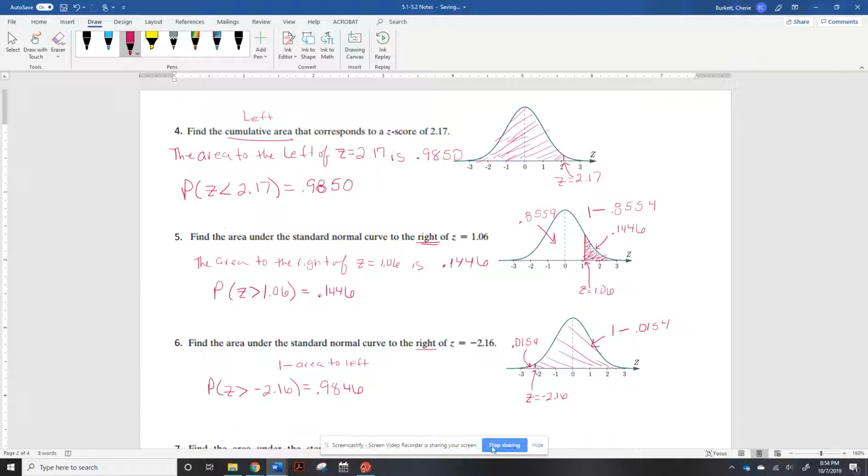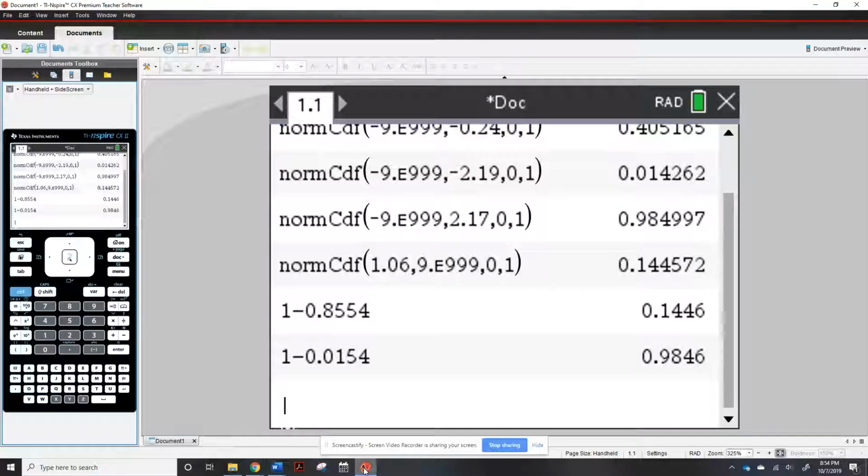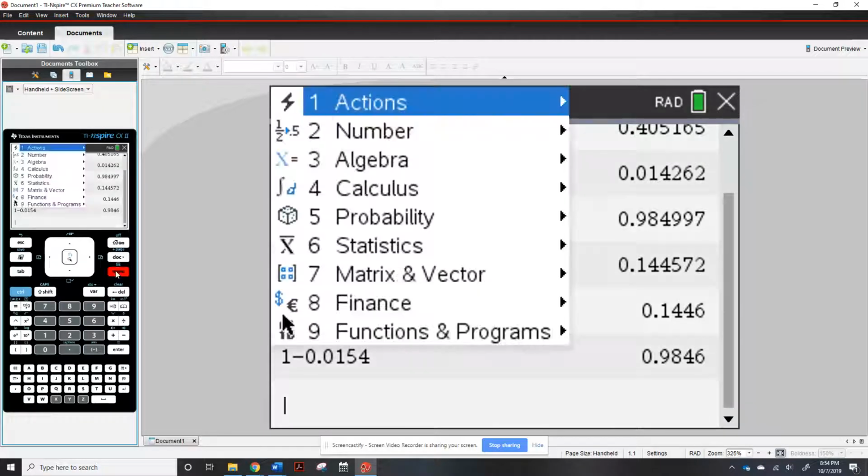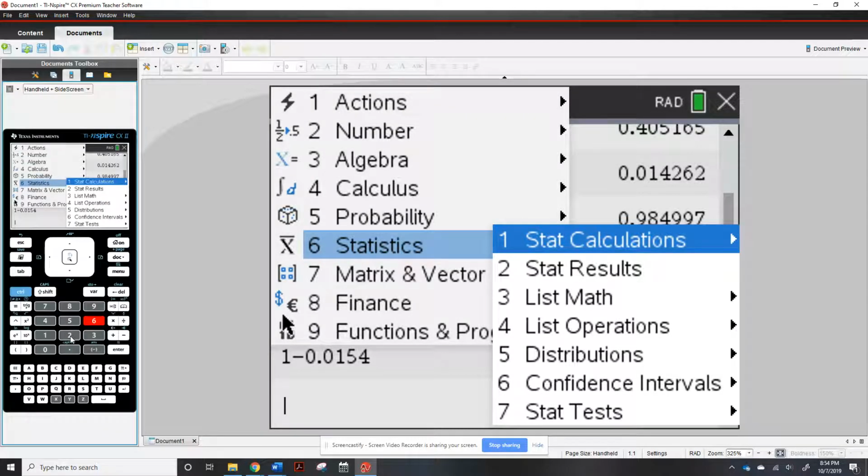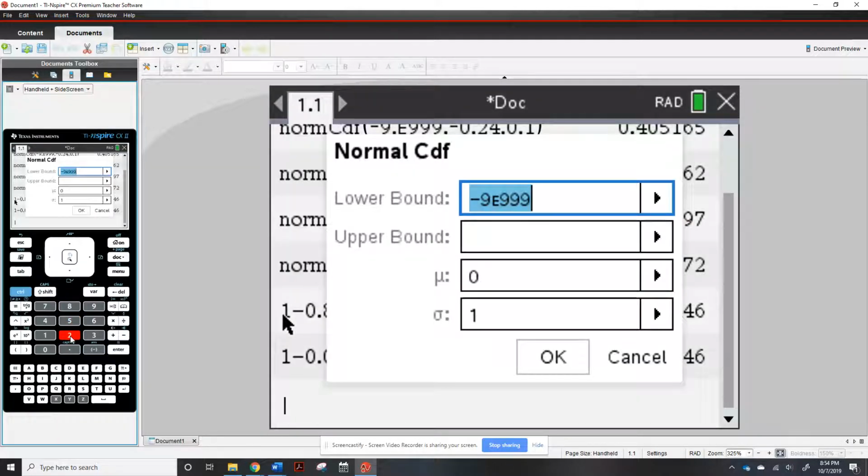And again, we're going to use the calculator. Starting place is negative 2.16. Stopping place is over here at positive infinity. So menu, 6, 5, 2.